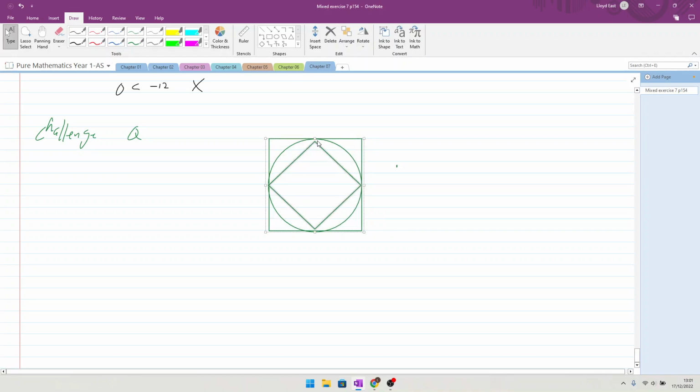Okay, and it's meant to touch on the corners there like that.